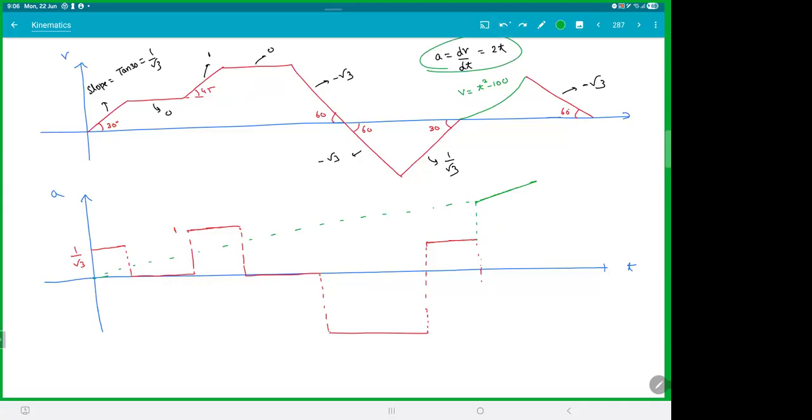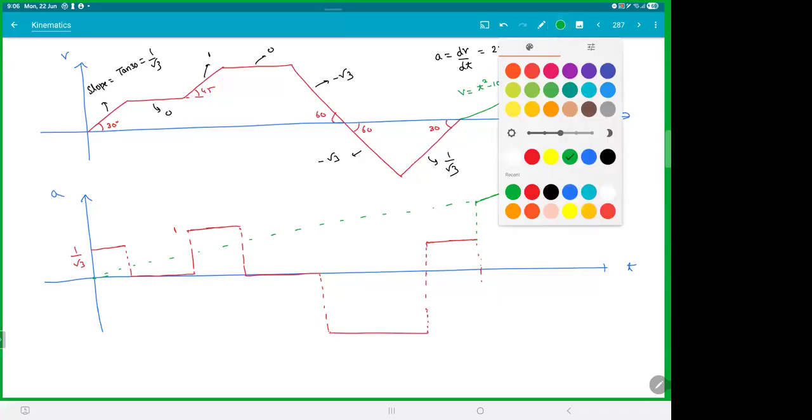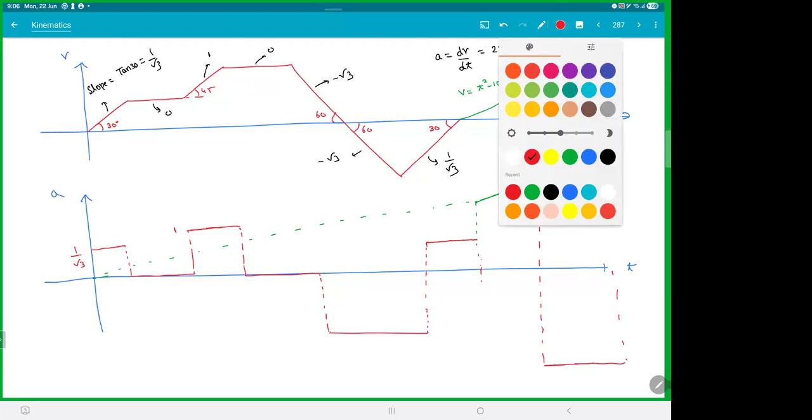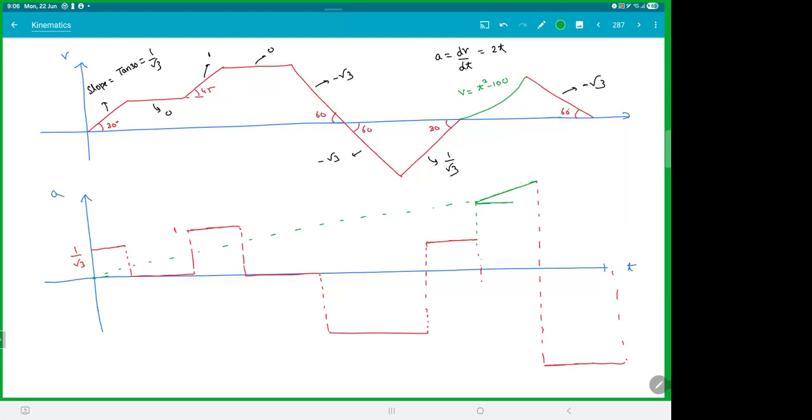So that value won't be 0 or 1 by root 3. It will be something else. It will jump, and then suddenly again the acceleration will become minus root 3. Yeah, the graph would end like this. So that's how it would look. Clear this? Where this slope would be. So in an AT graph, this itself is changing. So this tan theta will be equal to 2.